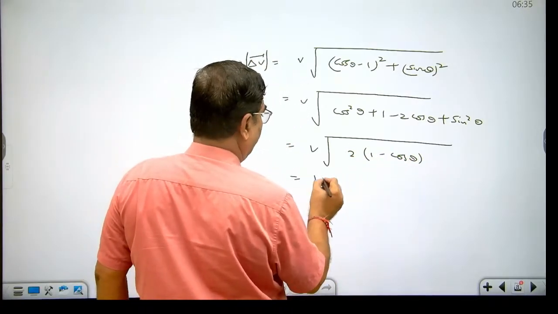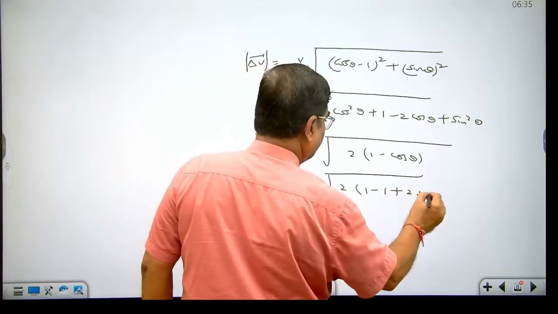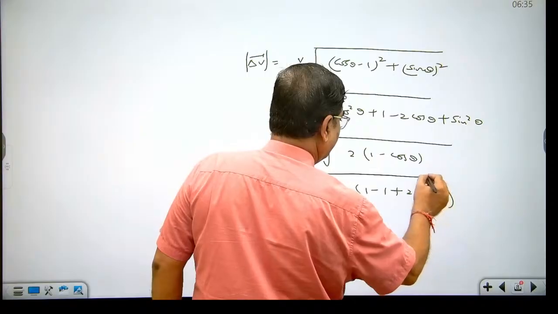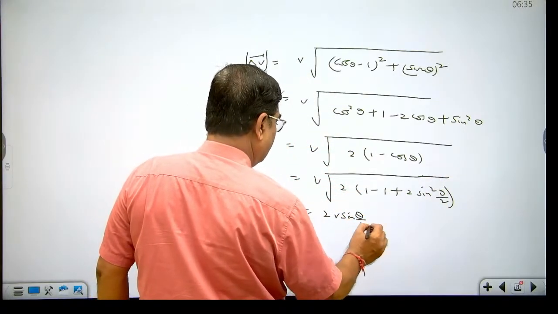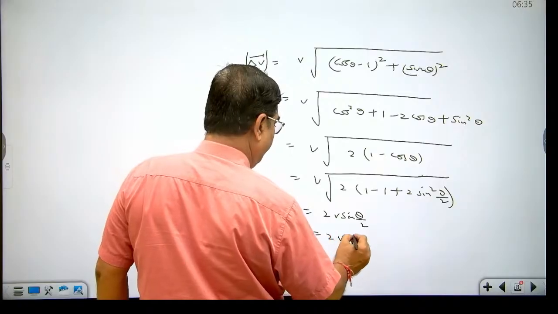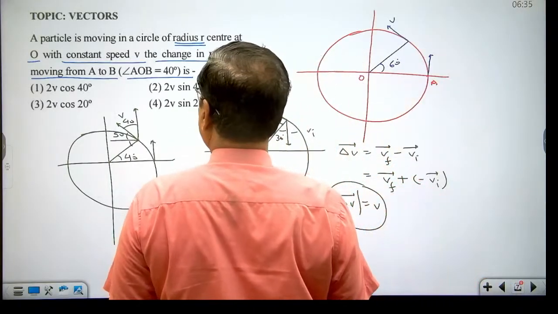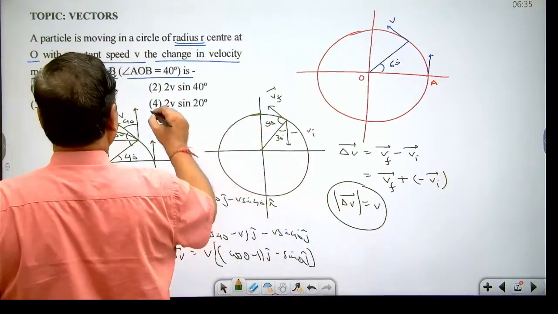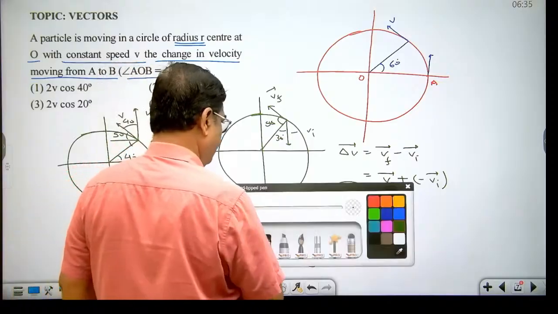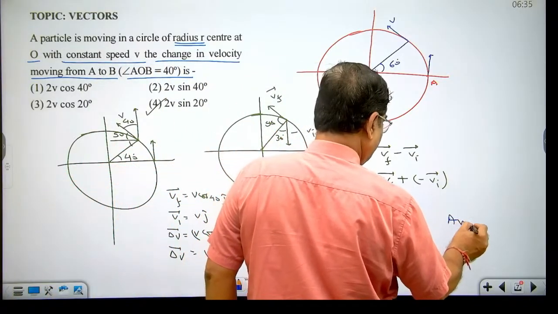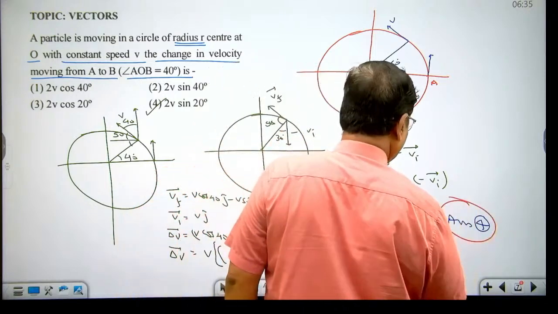So this will be V under root 2 times 2 sin square theta by 2. Okay, so 2V sin theta by 2. So this will be 2V sin 20. So this is the answer. Out of 4 choices, the correct choice is option 4. Option 4 is the correct answer for our question.